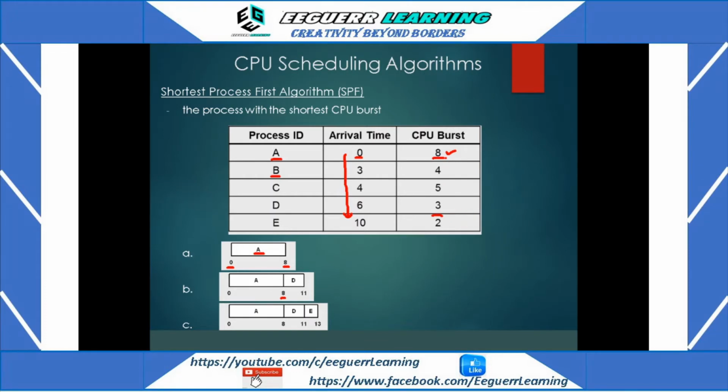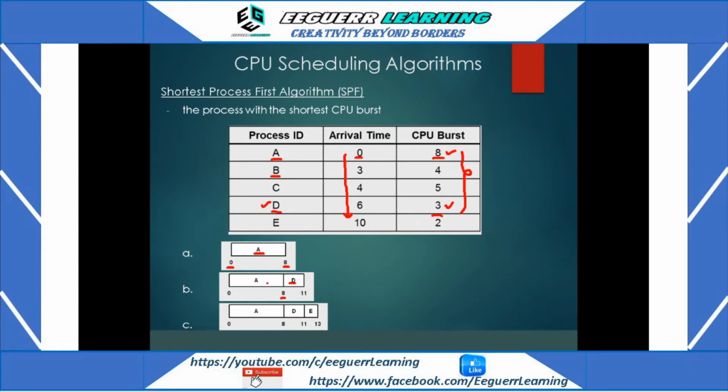So now, by looking at this CPU burst here, the shortest process is 3, which is process ID D. Okay, so now the CPU will schedule process D here.